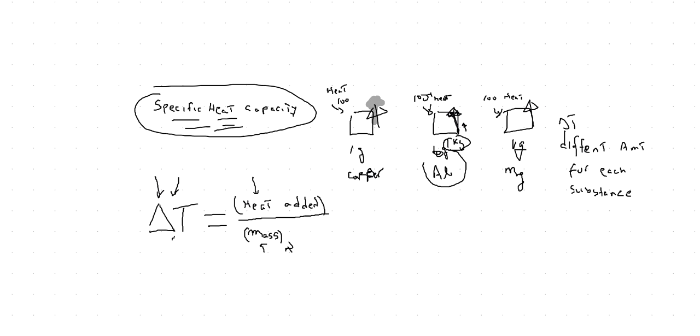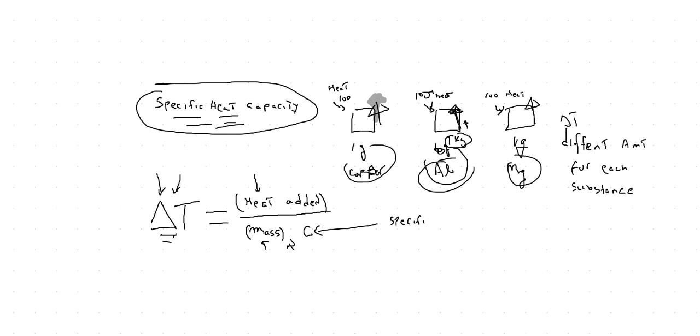The other thing we need is, look, we have copper, aluminum, and magnesium, so the change in temperature must depend on which substance. So we're going to put a C here. C is called the specific heat capacity, and it's going to be different for every substance.